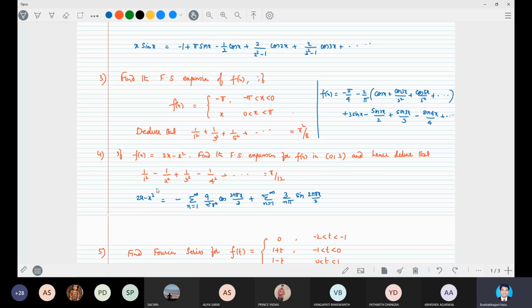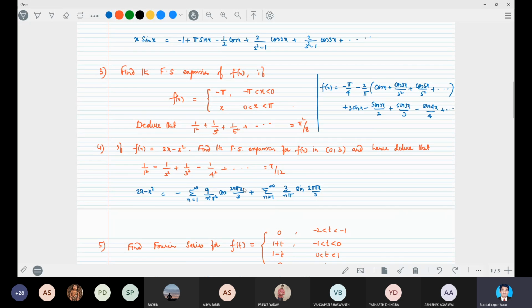So find out the Fourier series expansion f(x) equal to a naught by 2 plus sigma an cos n pi x by l plus bn sin n pi x by l, right? It will give you this answer. You do it that way. It is simple.